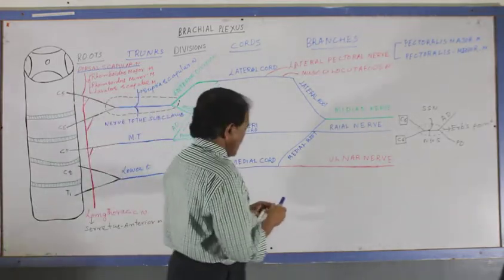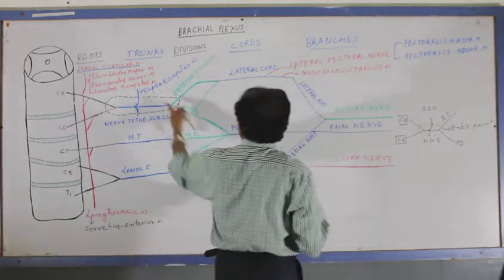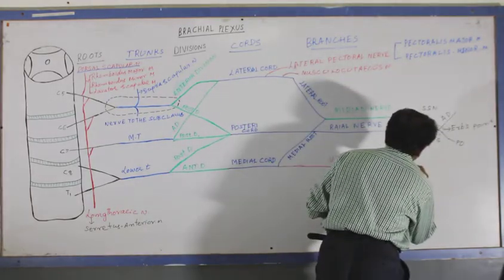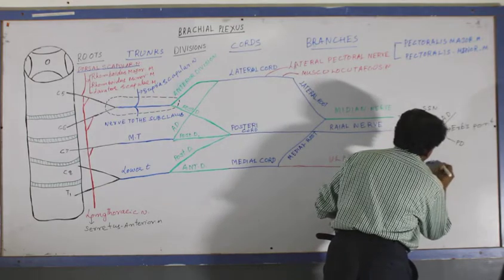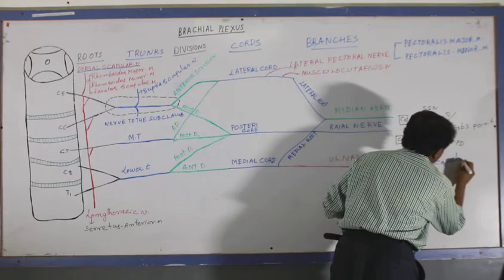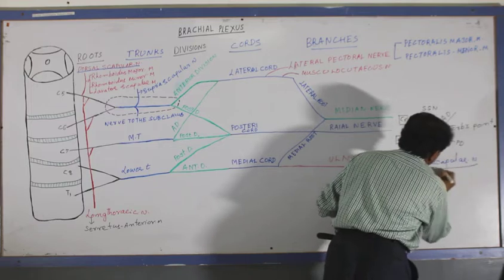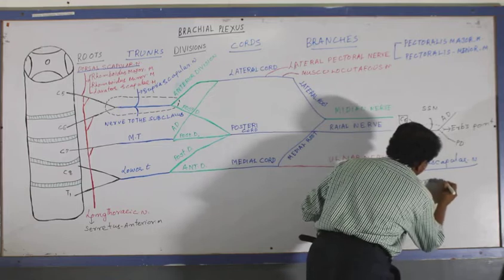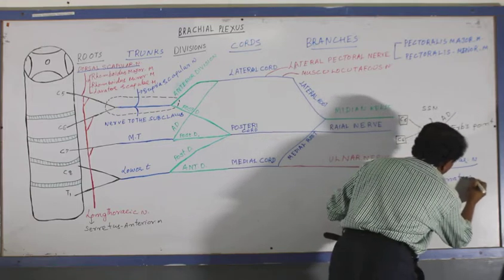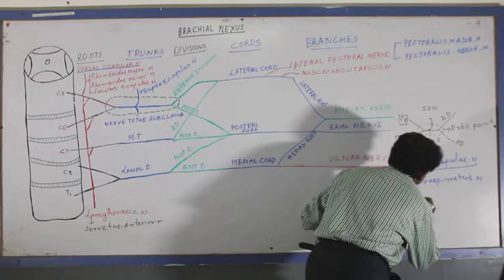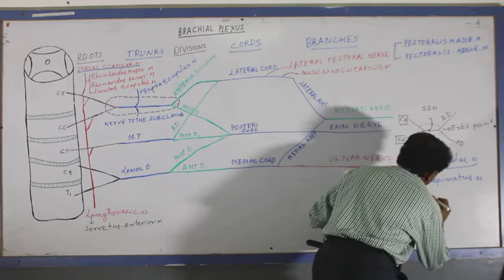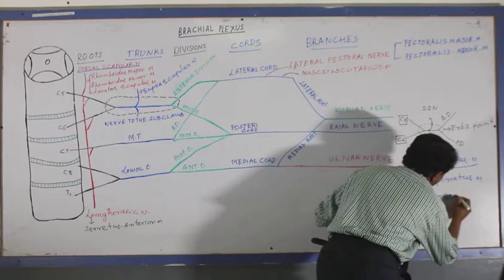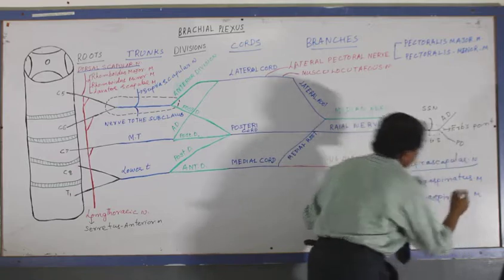Next, the infraspinatus, meaning the upper trunk and the suprascapular nerve. The suprascapular nerve supplies the supraspinatus muscle and the infraspinatus muscle.